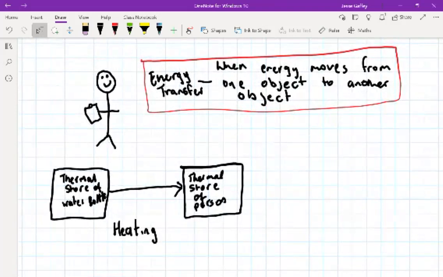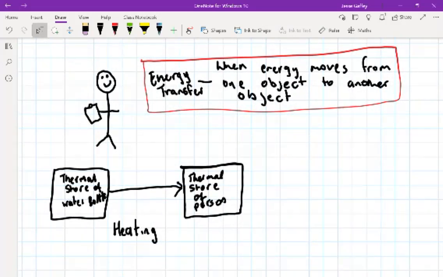So for some reason, someone played a trick on you and filled the hot water bottle with really icy cold water, and then it felt really, really cold. If you picked that up and held onto it for ages, that would make you cold because energy would transfer from you to the cold water bottle. Imagine having a bottle of water that was in the freezer, just a normal bottle of ice.